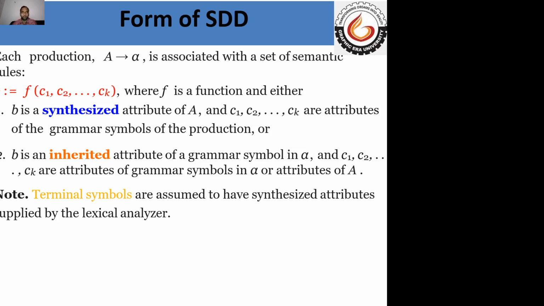If we have any terminal symbol, then definitely by default it is treated as a synthesized attribute. Why? Because from the terminal symbol, information goes from bottom to top, not from top to bottom. Let's suppose I have a production A generates id, where A is a variable, id is a terminal. So A generates id, which means A.val is equal to id.lexval. So the value of id.lexval will be transferred to A.val, not the value of A.val transferred to id.lexval. What does it mean? So by default a terminal symbol always plays a role in SDT in synthesized form.